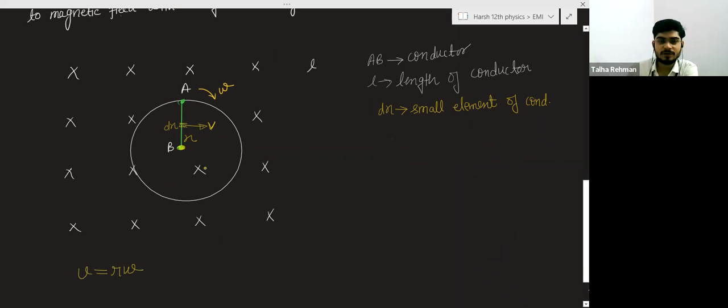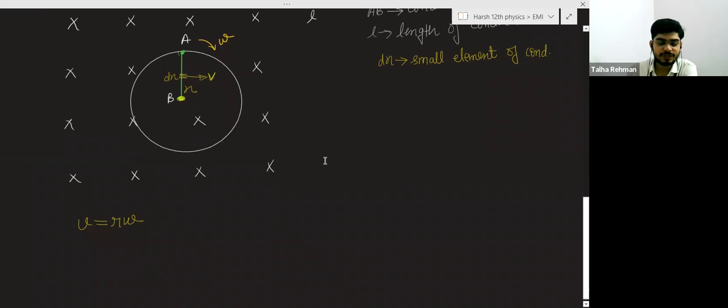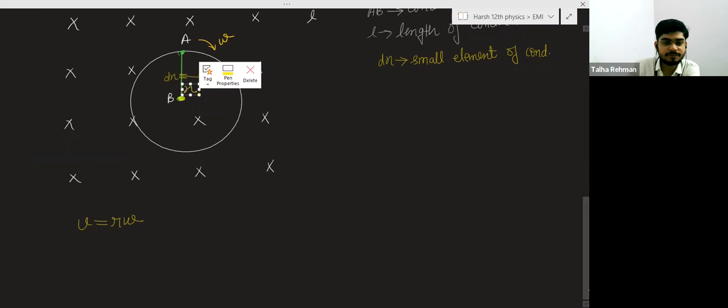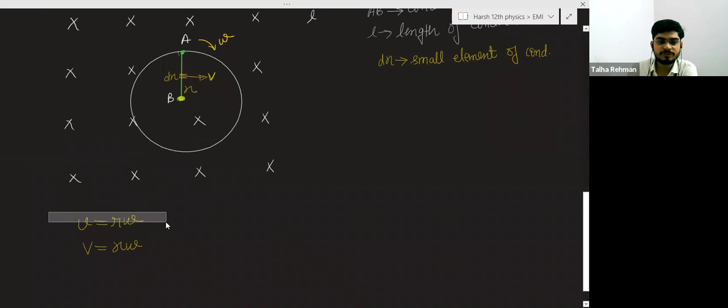Here r is this distance, which is x. So v is equal to x omega. This is the velocity.